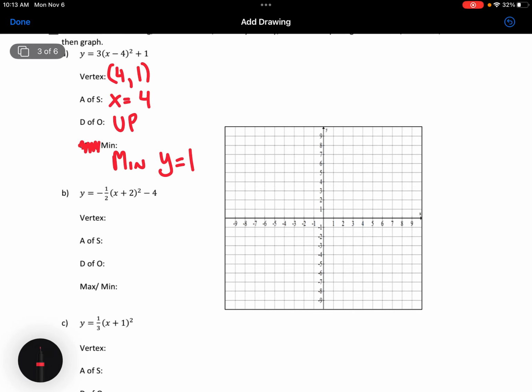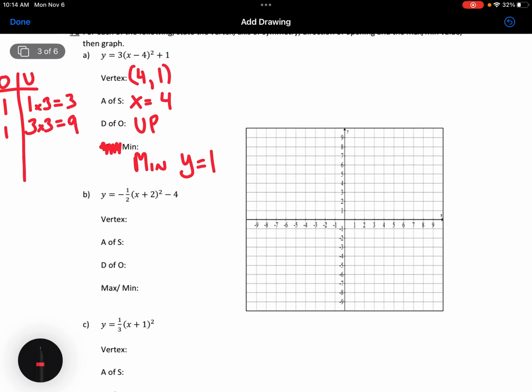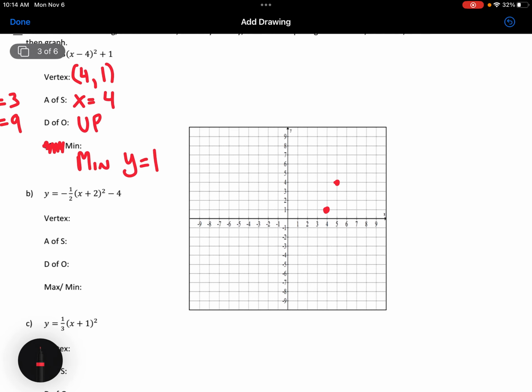So if I were to graph this, I'm going to do my over and ups. So over 1, 1, 1. Actually, let's just do two of them because we only need 5 points. Up 1 and 3, but we're timesing that by 3. So it's going to be up 3 and up 9. So we're going to go starting point, over 1, up 3, over 1, up 9.